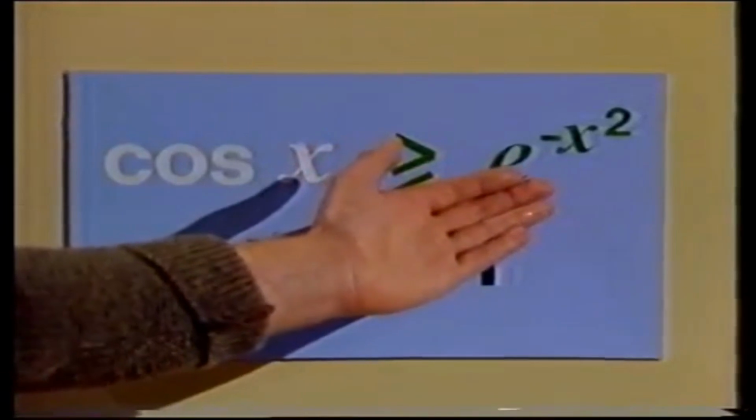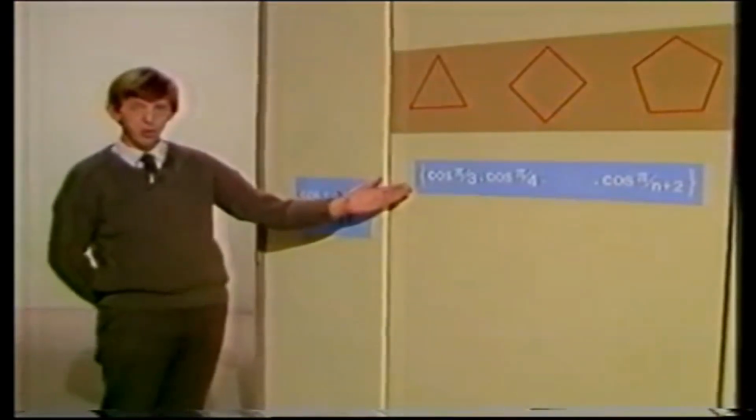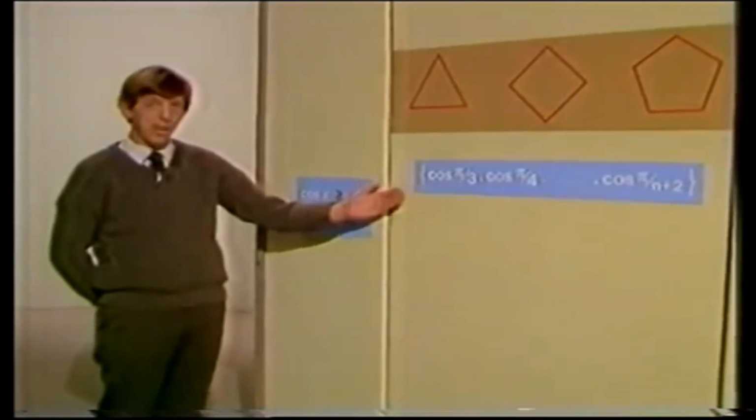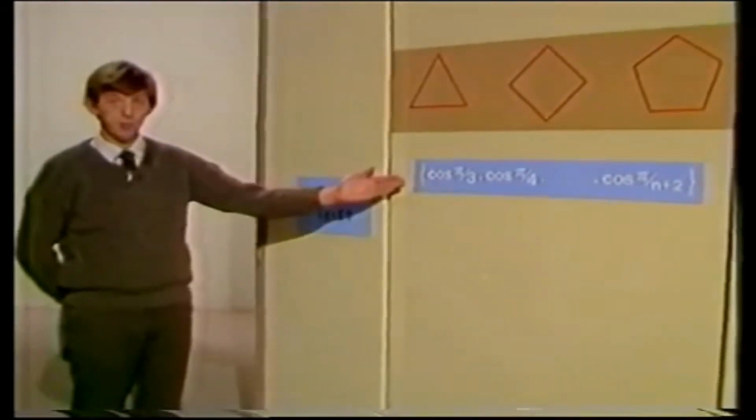Well, if this cosine is greater than this exponential, then a product of these cosines will be greater than a corresponding product of exponentials. And the great thing about a product of exponentials is that it can be written as the exponential of a sum. I've got here the product of cosines from the third problem, and I'm going to try to apply this inequality to each cosine term.